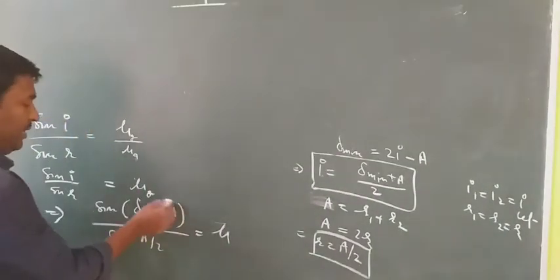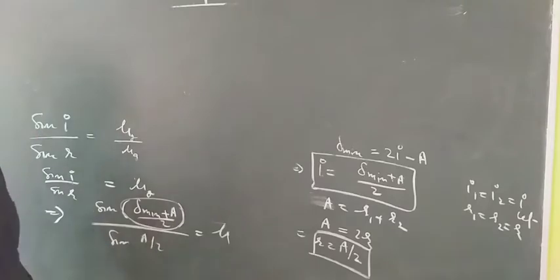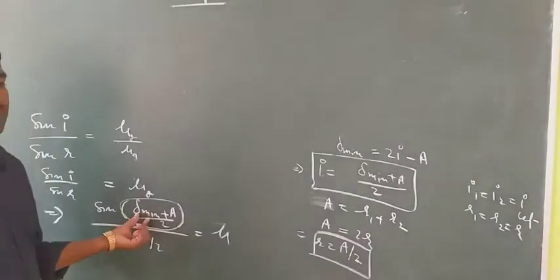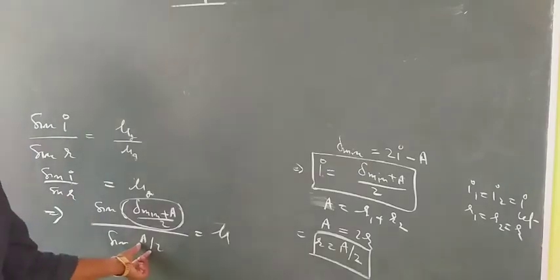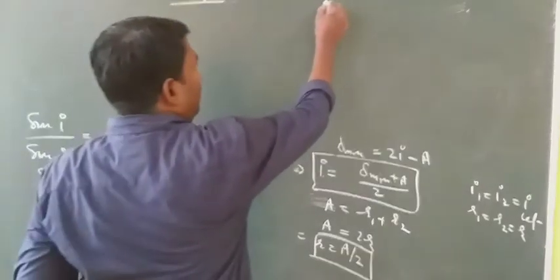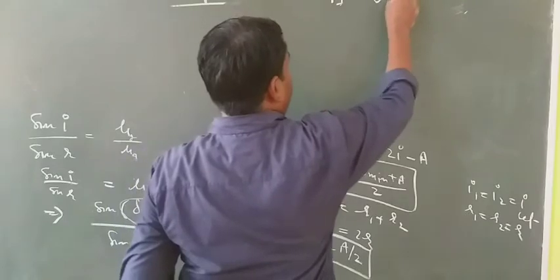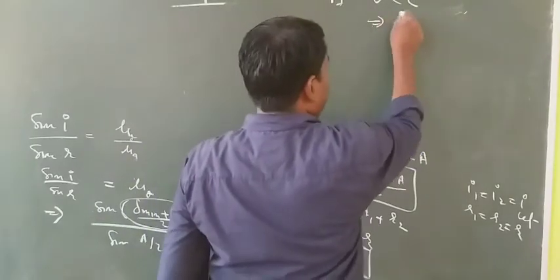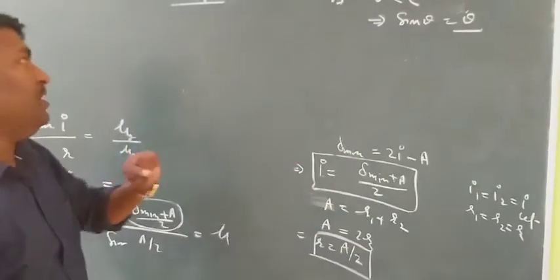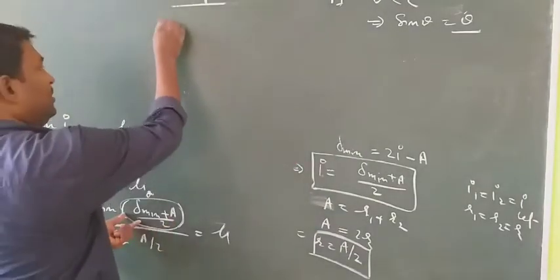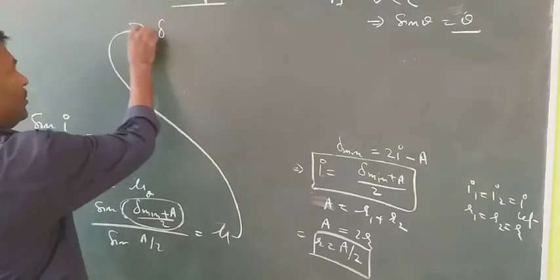Now see, since the prism angle A is very small, delta minimum is also very small, okay, and A is again very small. Therefore, if theta is very small, it implies that sin theta is equal to theta. Applying this approximation, what can you write here?